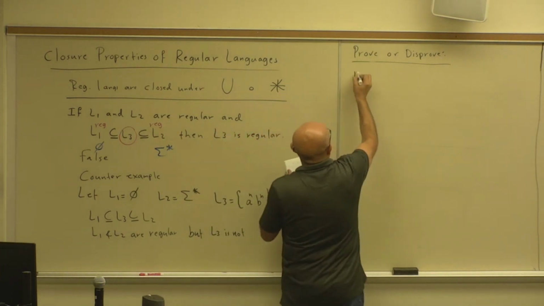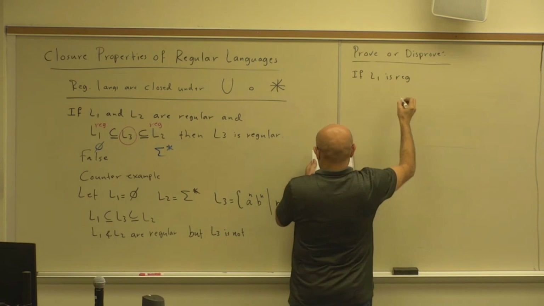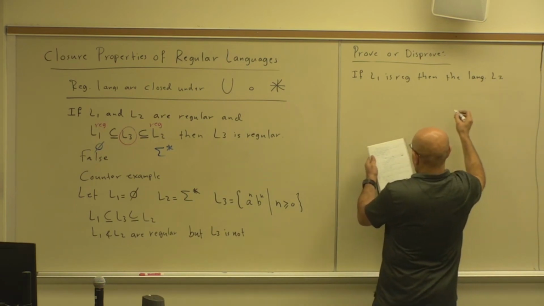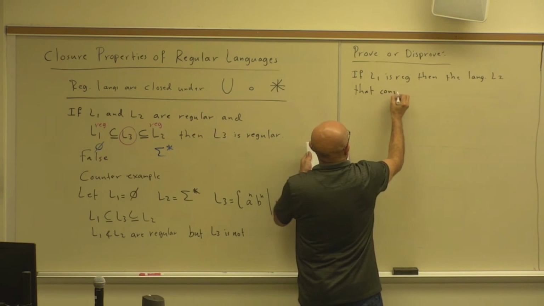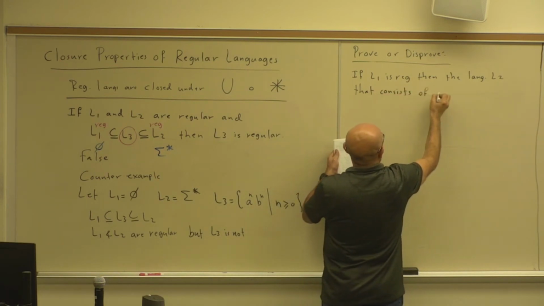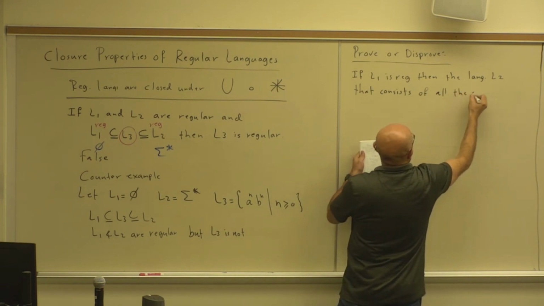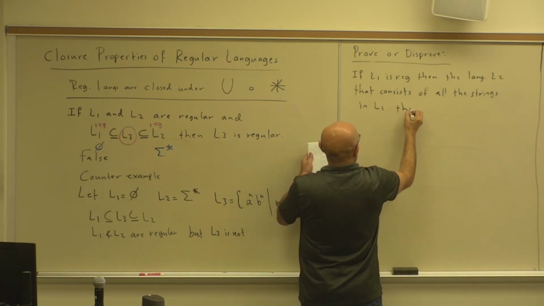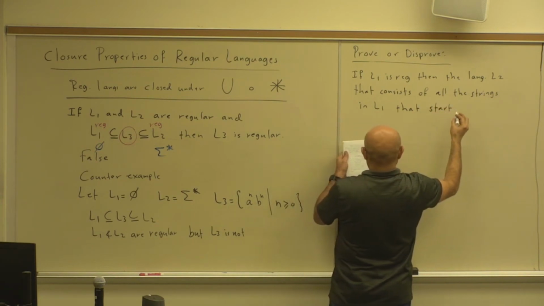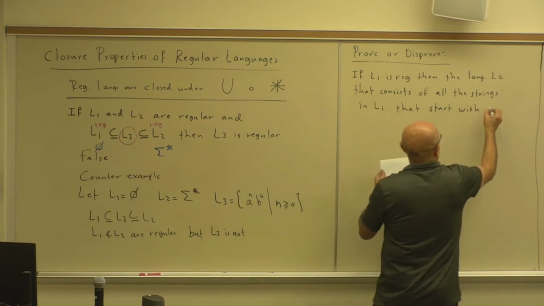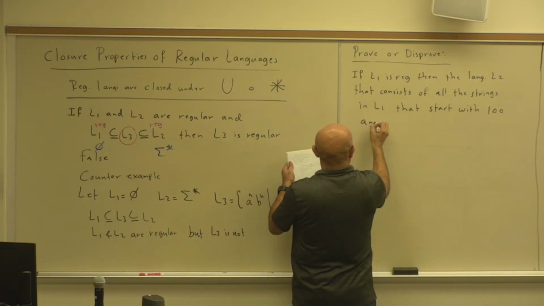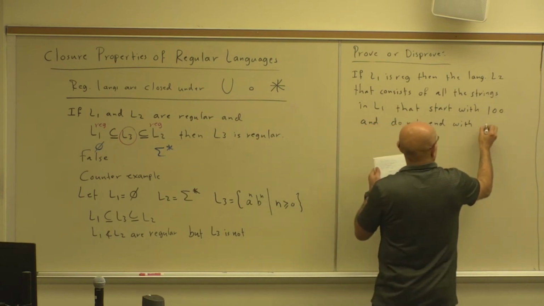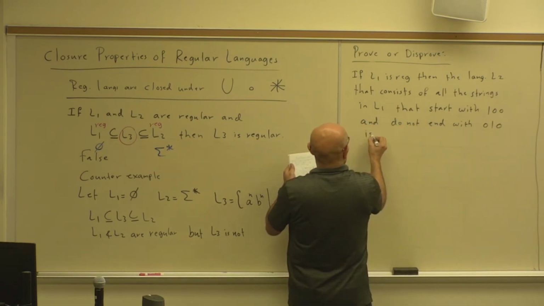If L1 is regular, then the language L2 that consists of all the strings in L1 that start with 100 and do not end with 010 is regular.